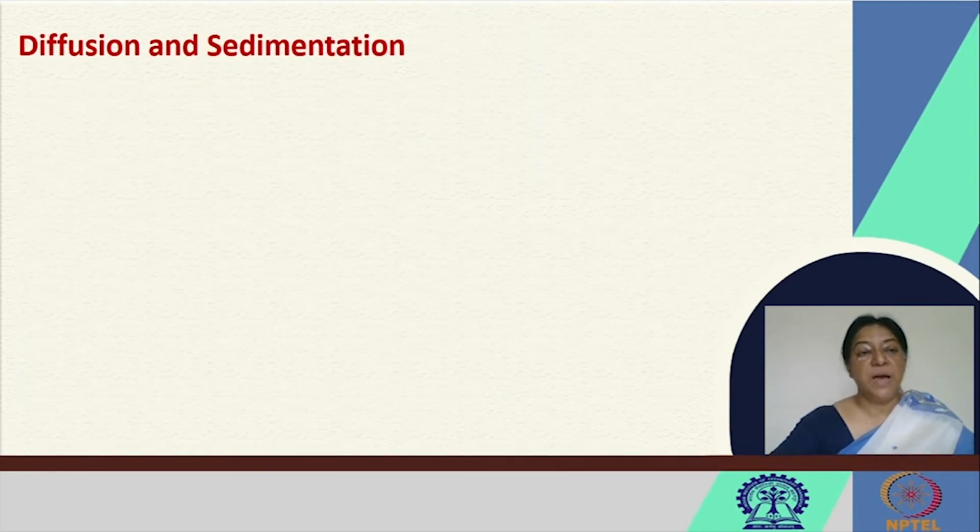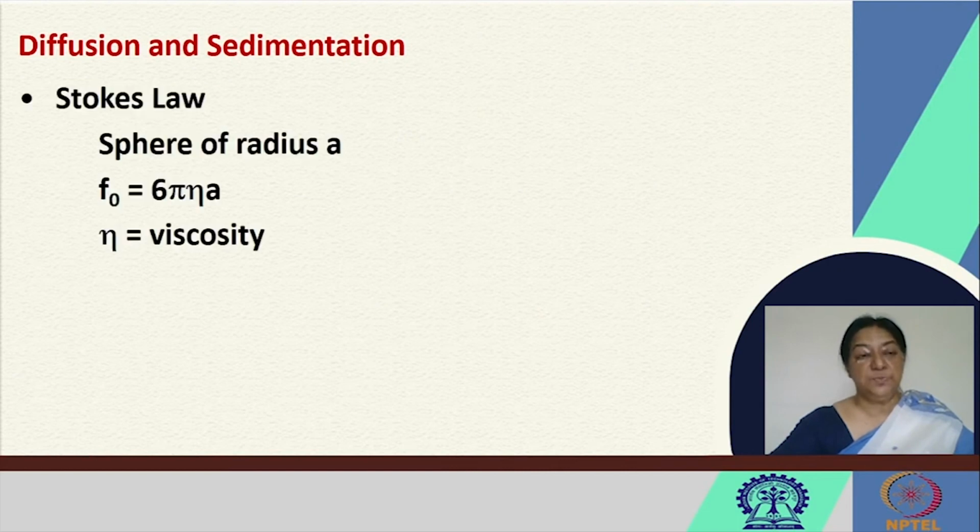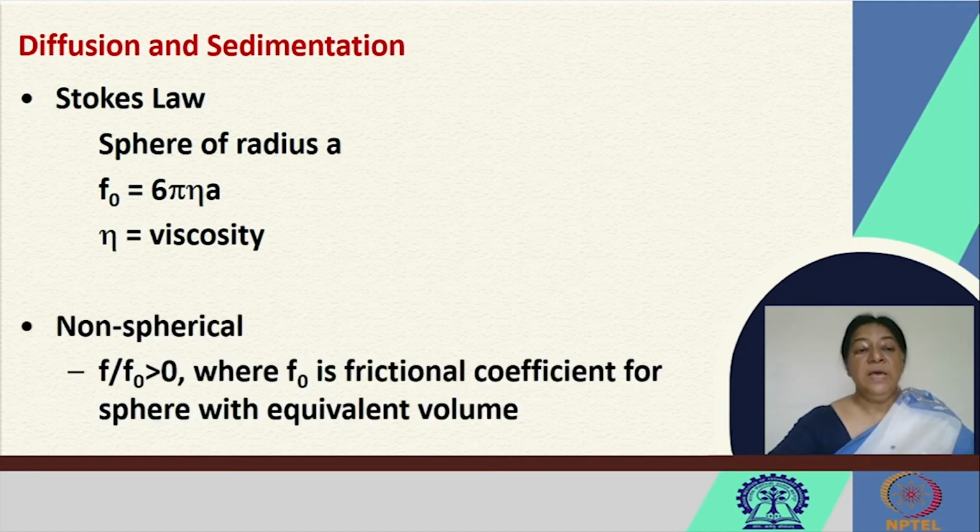This is also given by our diffusion and sedimentation process, where we look at Stokes' law, the viscous force that is acting on the liquid: F0 is equal to 6 pi eta A, where eta is the viscosity and A is the radius, considering that the molecule is a sphere. However, we can have non-spherical molecules as well. In this case, we will have a frictional coefficient F by F0 greater than 1, where F0 is the frictional coefficient for a sphere with equivalent volume.